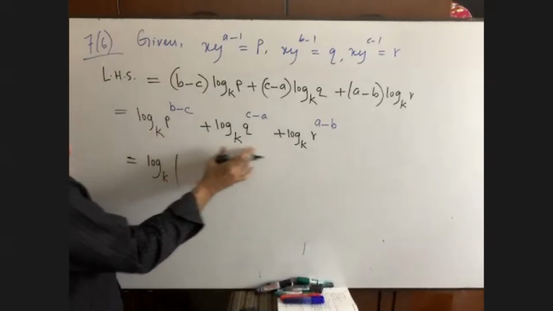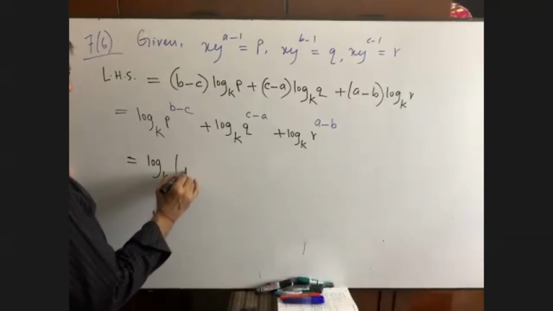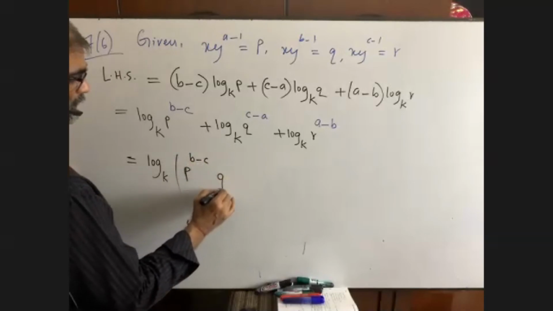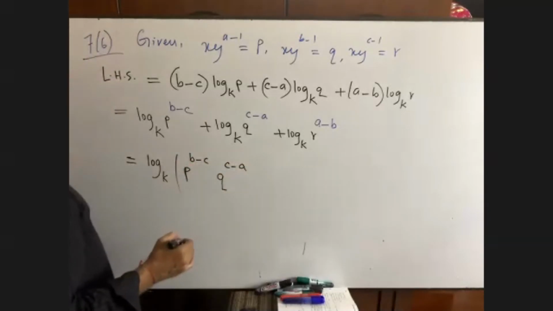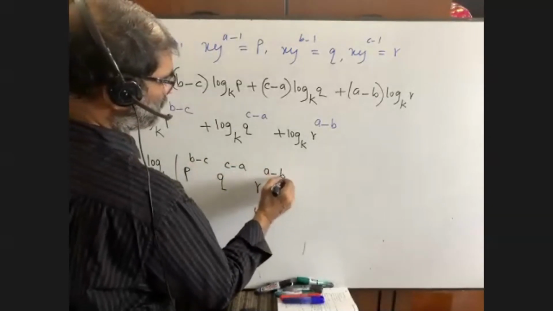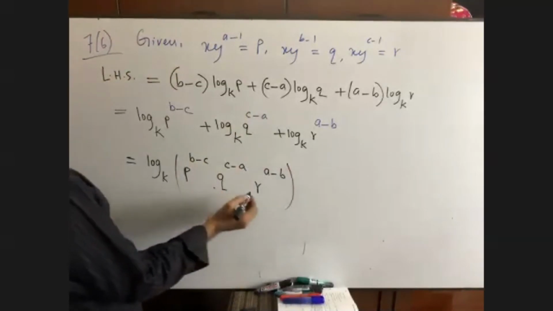It is addition, right? So we can put it into formula. P to the power b minus c, q to the power c minus a, r to the power a minus b. This is the formula.